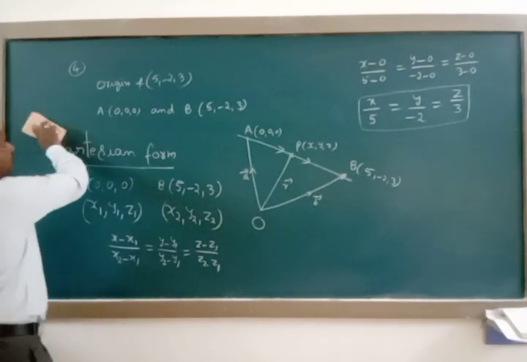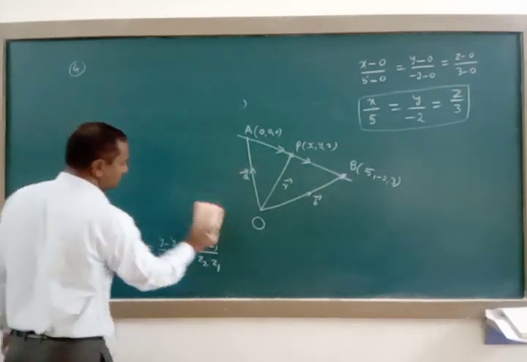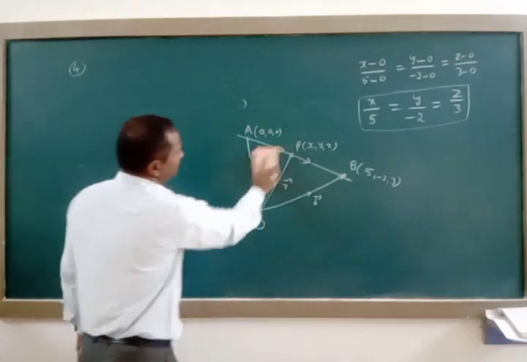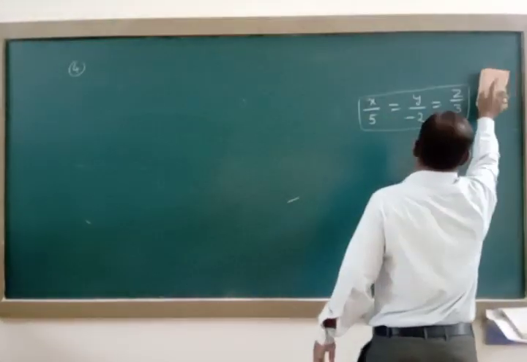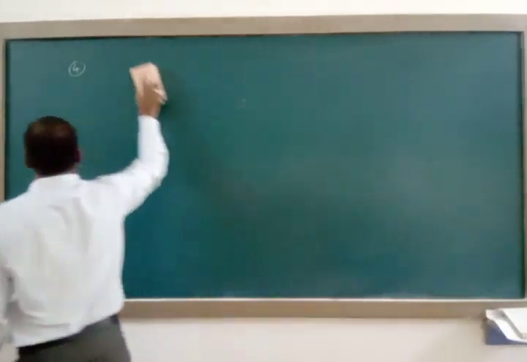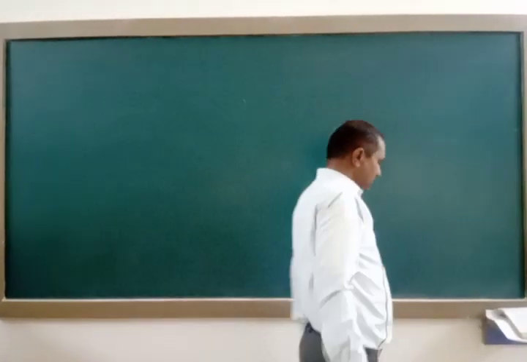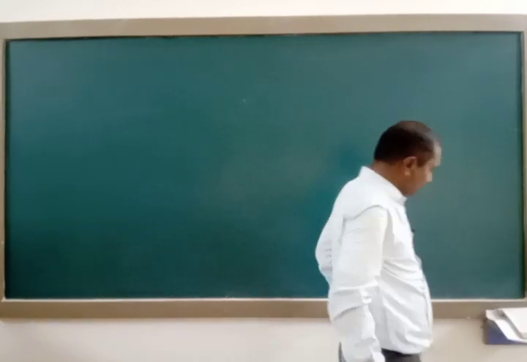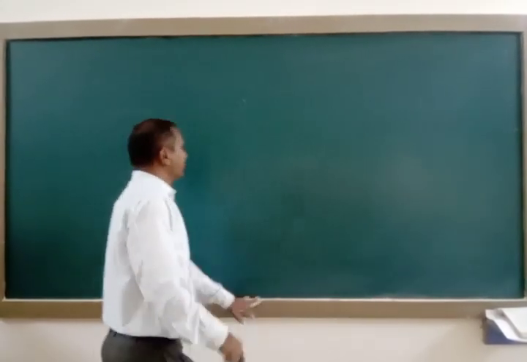The same applies to the next question, which is similar to this. One more question is there. In that question also, a line must be passing through 2 points. Whenever a line should be passing through 2 points, we have to apply this procedure for both vector and Cartesian forms. Next, find the equation of line in vector and Cartesian forms when it is passing through the 2 points.